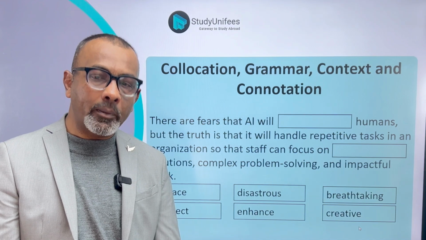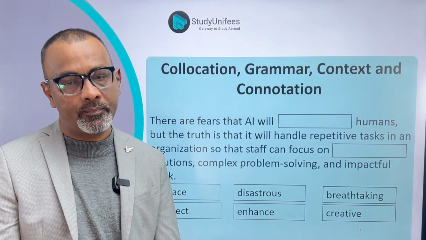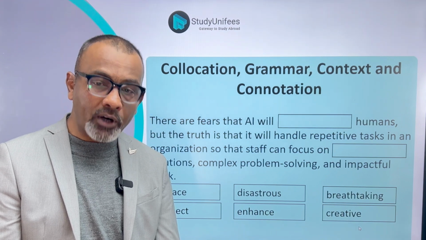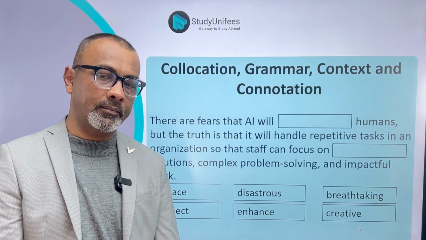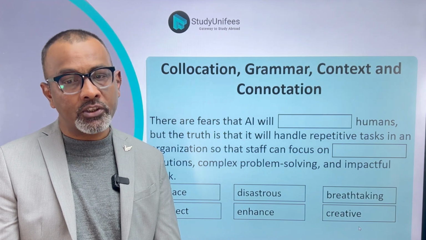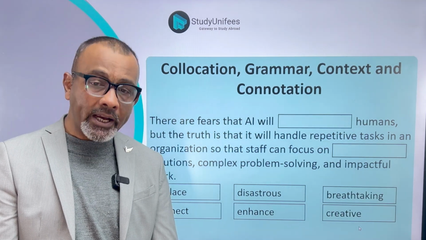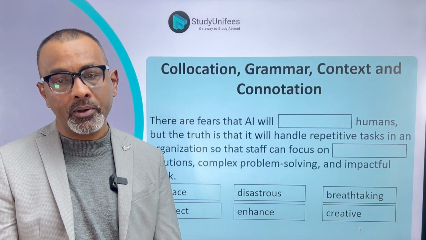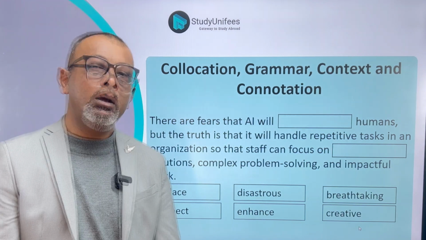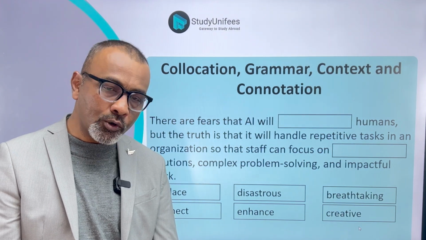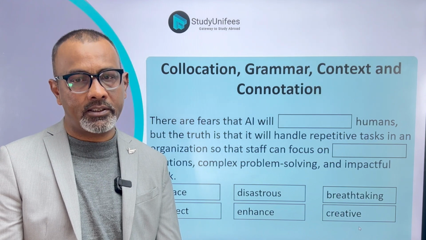AI will handle repetitive tasks in companies so that staff can focus on blank solutions, complex problem solving, and impactful work. The second blank is something that goes with solutions. The three adjectives that can be paired with solutions are disastrous, breathtaking, and creative. But the rules of collocation state that only creative can be used with solutions in a positive context.